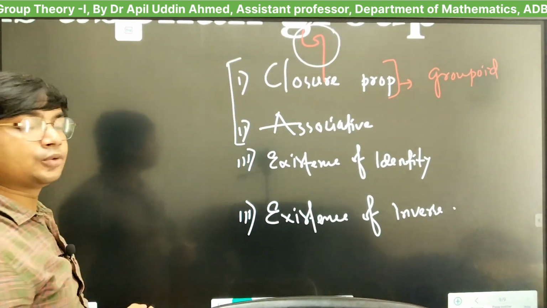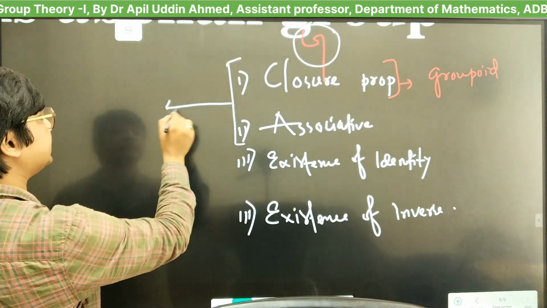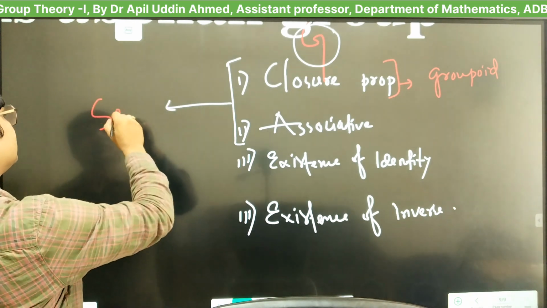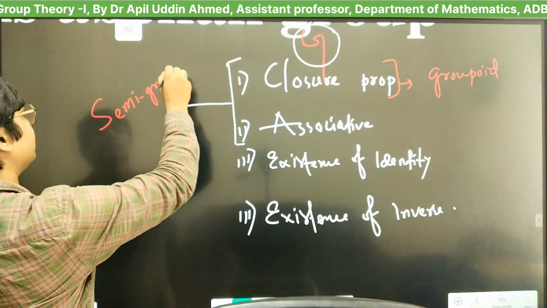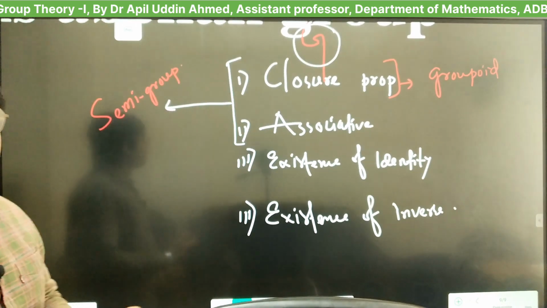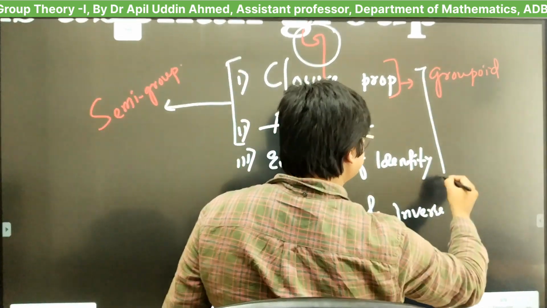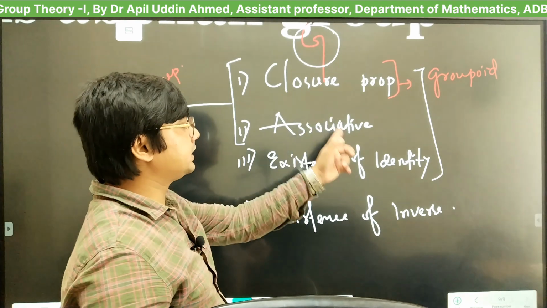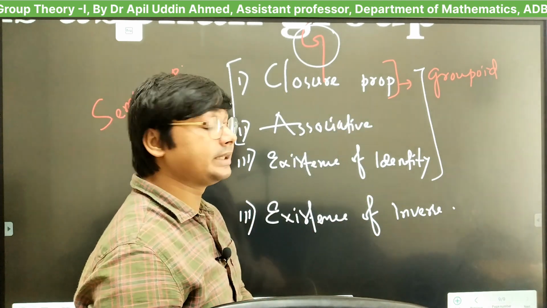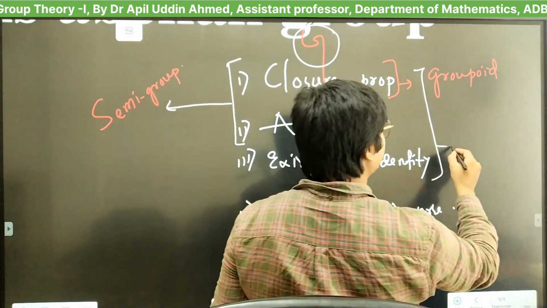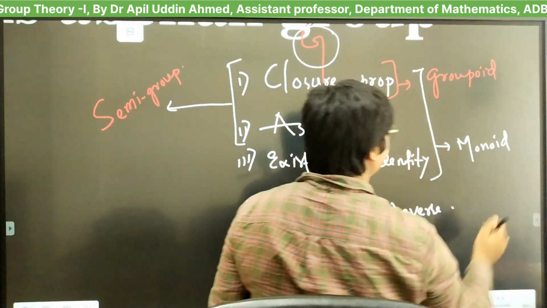If it satisfies two properties, closure as well as the associative property, then the non-empty set G is called a semigroup. And if the structure satisfies three properties, that means closure, associative and existence of identity, then we call it a monoid.